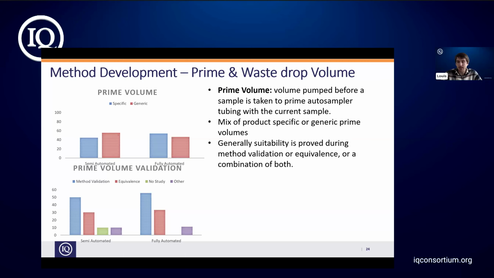When we looked at the detailed comments for people responding other, you can also kind of refer to it as a sort of equivalence test. And then, my interpretation of the respondents saying no study is that probably they would use generic settings, and they have also a generic validation or statement why that volume is suitable.